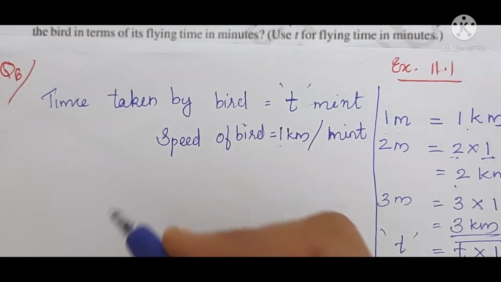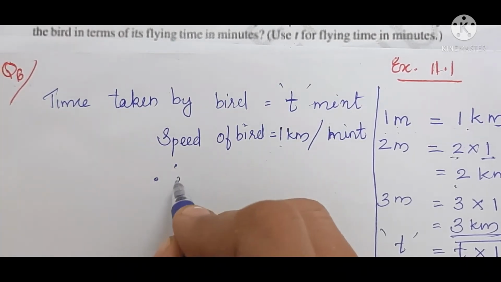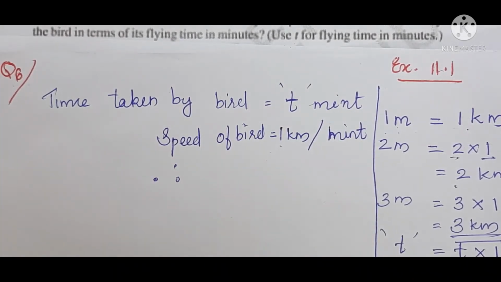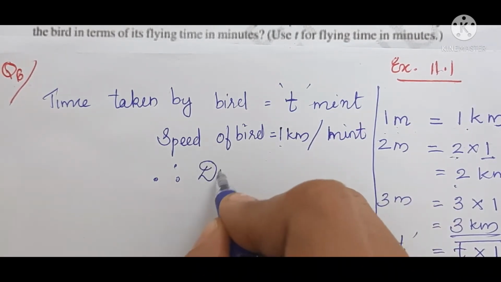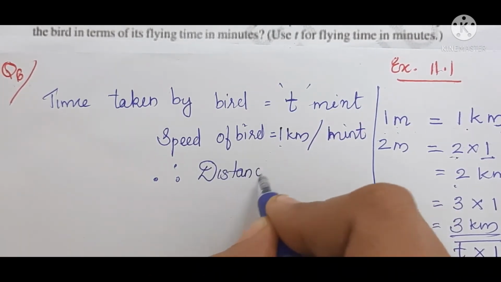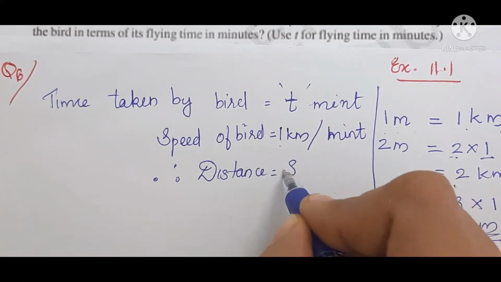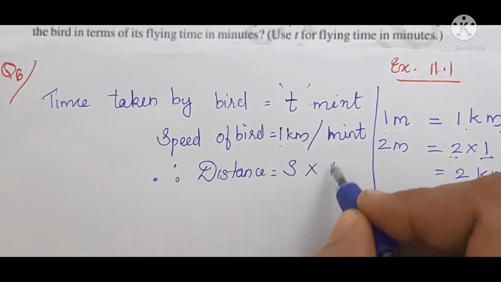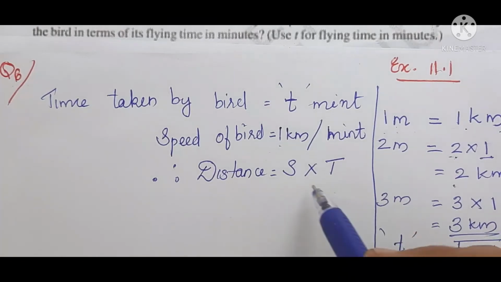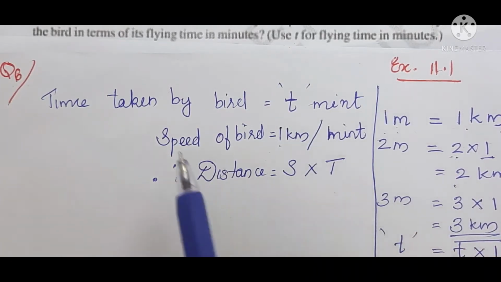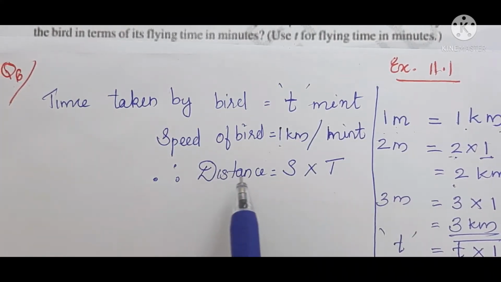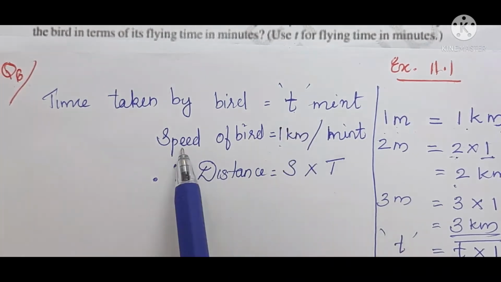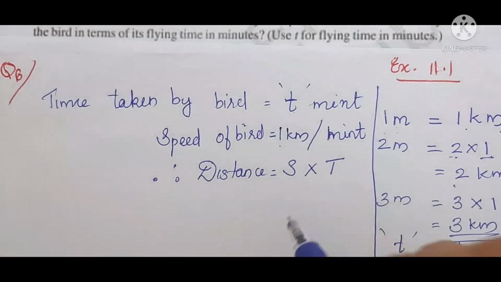Okay. So, we can find the distance travelled by the bird, right? So, distance is equal to speed into time, right? So, in this question, the time taken by the bird is T and the speed is 1 kilometer per minute, right?